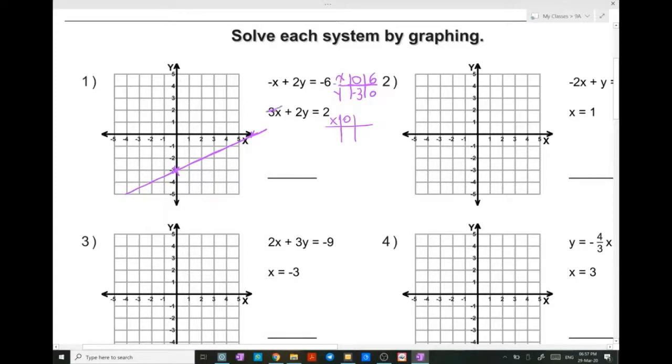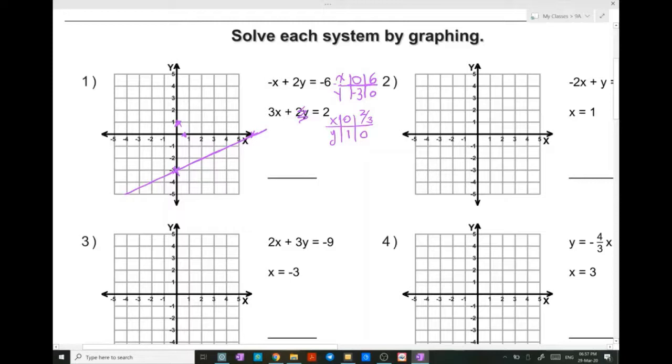So when x is 0, y is 1, and when y is 0, x is 2 over 3. So y is 1 and x is 2 over 3, which is approximately 0.6, somewhere here.